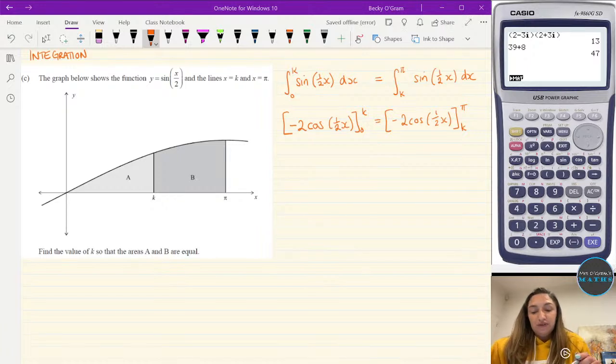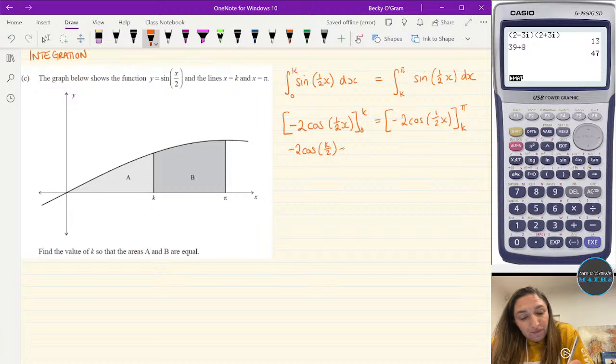All right, so now we'll substitute in the values and work through to figure out what k needs to be. So if I pop k into this first one, we have cos of k by 2. We're going to minus from it, if we substitute in the minus 2 cos half of 0, is 0.